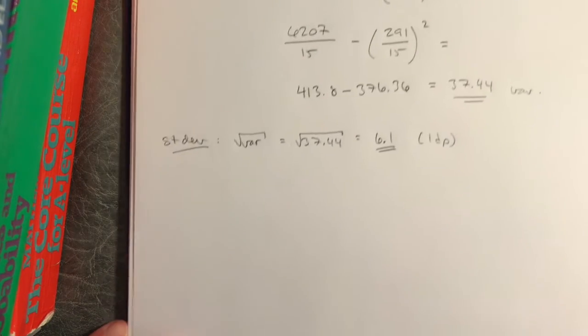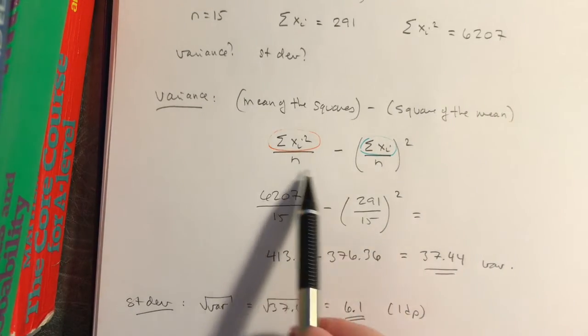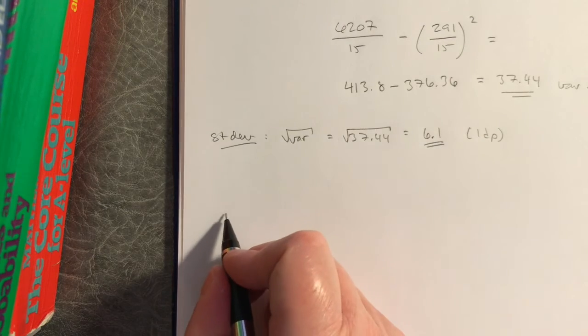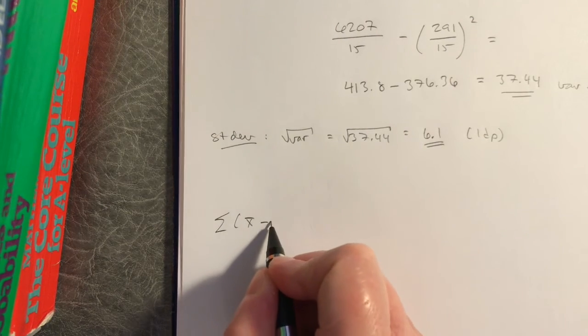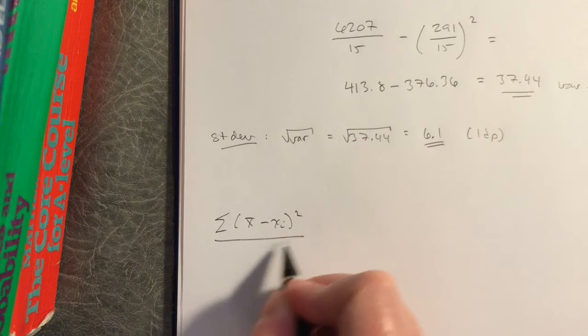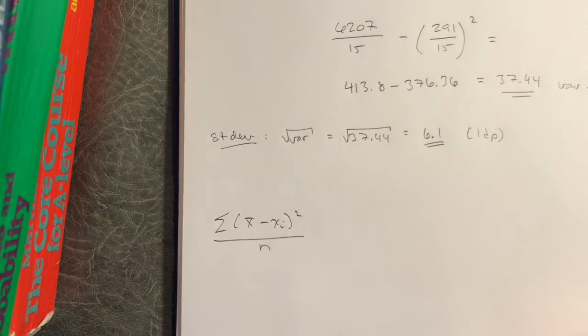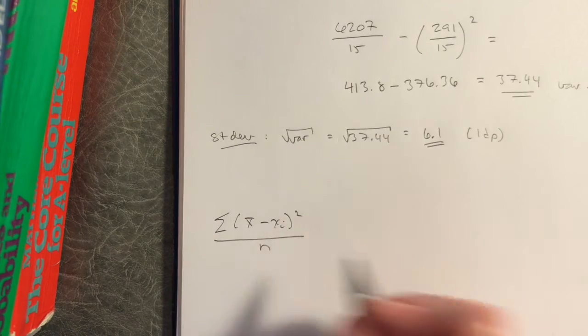If you want to verify that this formula is the same thing as the definition of variance, which was the average distance squared from your mean, you can do this through for all your data points.